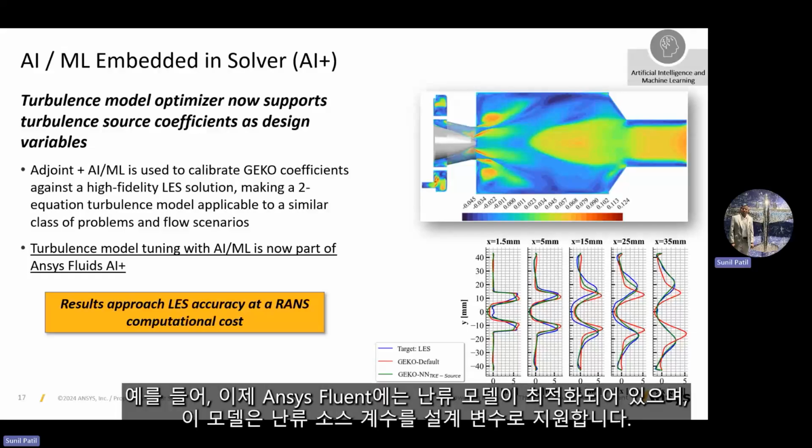So, for example, now Ansys Fluent has the turbulence model optimizer, which now supports the turbulence source coefficients as design variables.